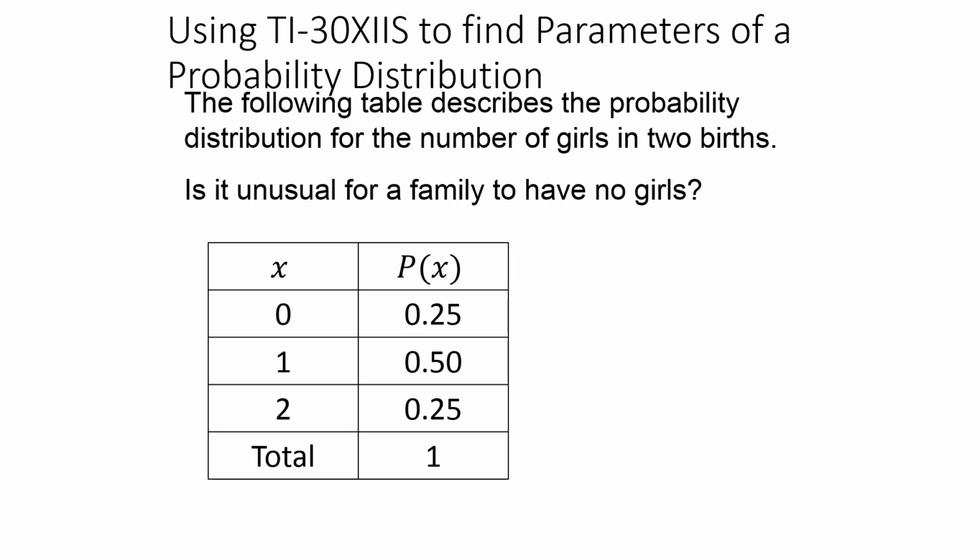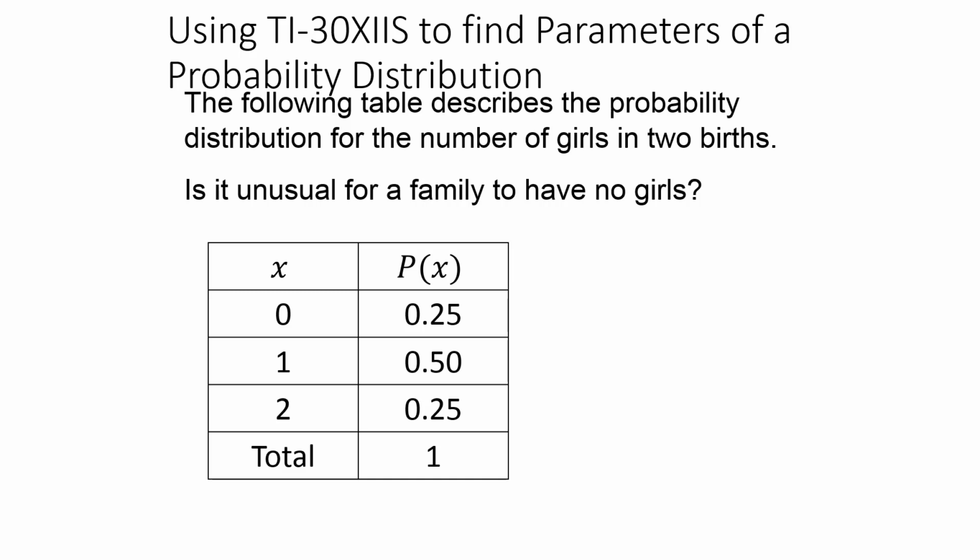But now we're going to use this other version of that criteria. So we can look at probabilities, and if there is less than a 0.05 chance of having a value that extreme, then you would say it would be unusual.